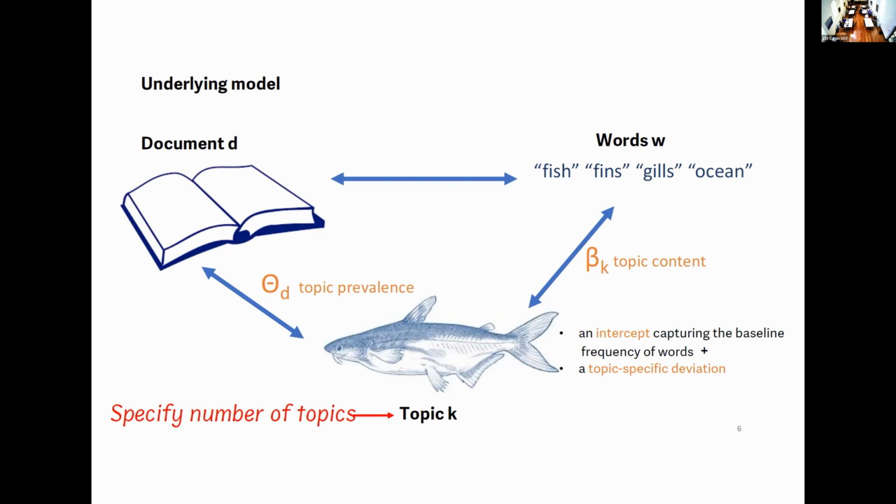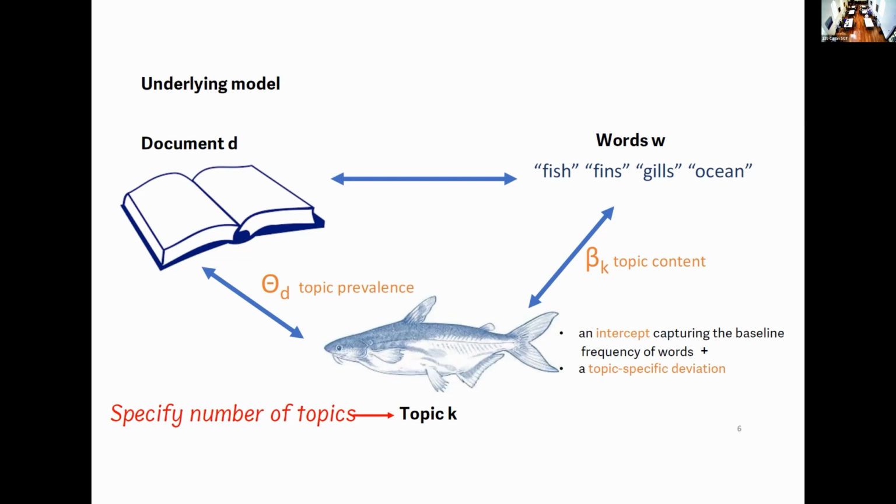And then the other distribution is the topic content. So that governs what kind of words are used in relation to a particular topic. And we express that as the sum of an intercept, which captures the baseline frequency of words. So you can imagine some words are just common in the vocabulary generally, plus a topic-specific deviation.